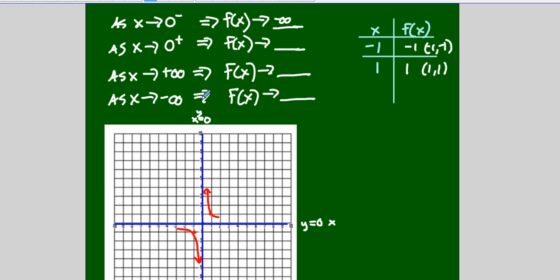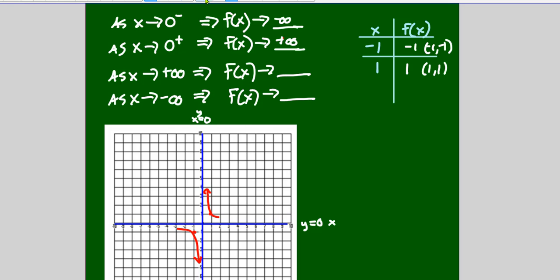Okay, so now as x goes to +infinity, which is out here, as x approaches 0 from the right, we said this is going to be +infinity, so let's fill this chart out here. Now as x goes again to +infinity, which is this way, this function is going to hug this line y equals 0.